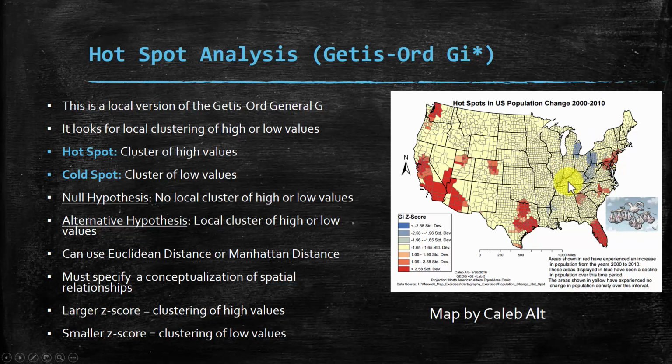In contrast to that, the red areas are hotspots. So these would be counties that have experienced population growth and are surrounded by counties that also have shown population growth.